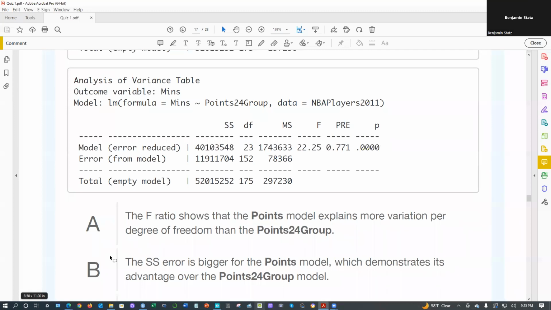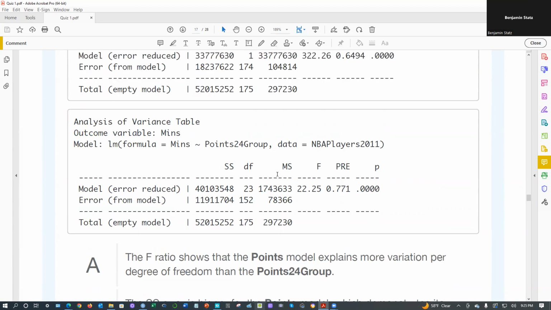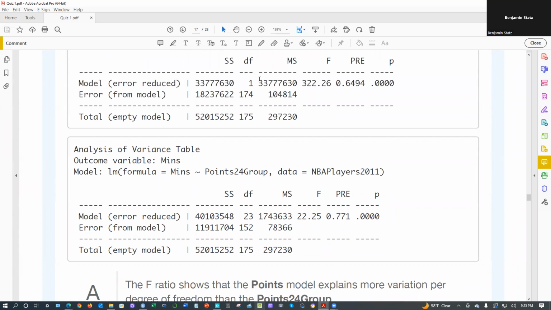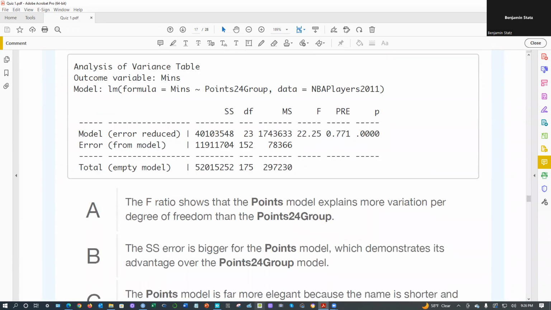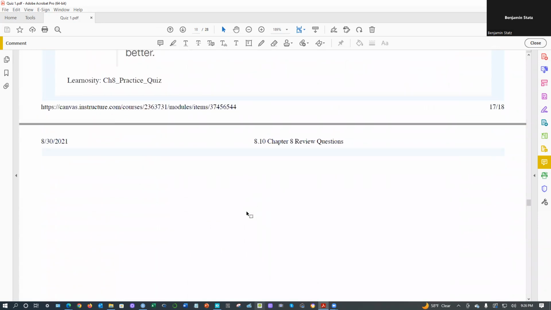That is nothing but F, or you can simply say mean squared model. This one has a higher mean squared model too, so higher F. Okay, so that's A. Let's keep going.